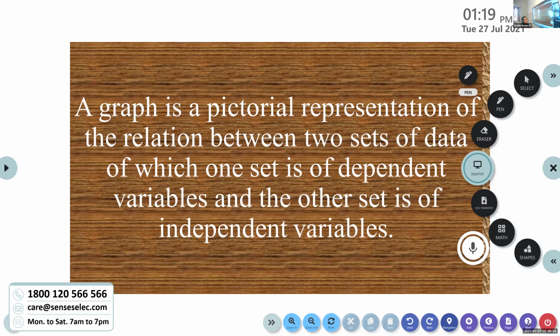The data is provided in the form of a table, so we can represent it graphically. One is dependent variable and the other is independent variable.